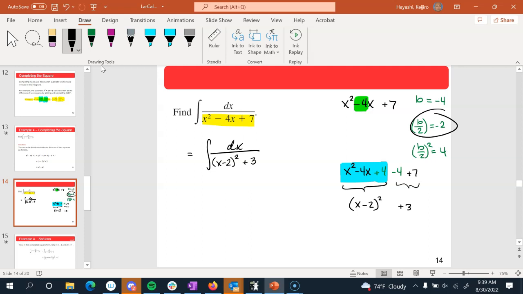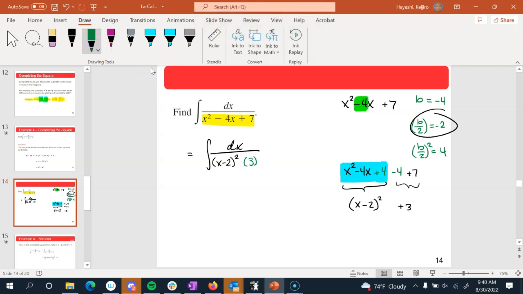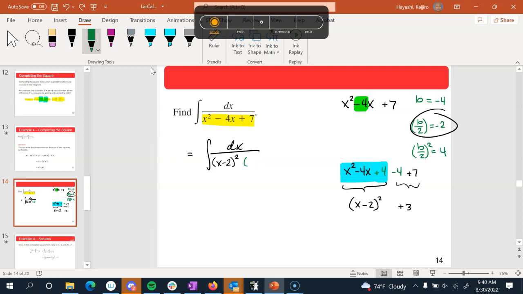Could we pull that plus 3 out? You cannot. You could do that if there were just a 3 being multiplied, or on the bottom of this fraction as a factor. Yeah, you could definitely take a 1/3 out of the whole thing. But that plus 3 is being added.